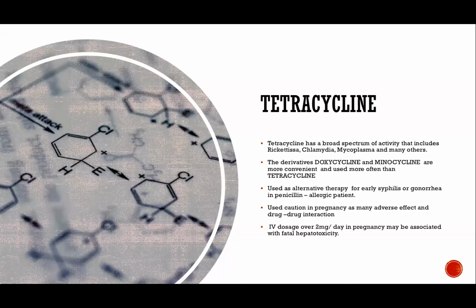Tetracycline is used as alternative therapy for early syphilis or gonorrhea in penicillin allergic patients. We use them with caution in pregnancy, and in some parts of pregnancy they are contraindicated as they have huge adverse effects and huge drug interactions.